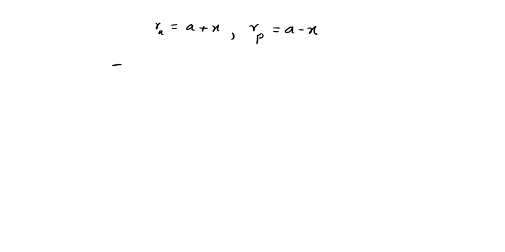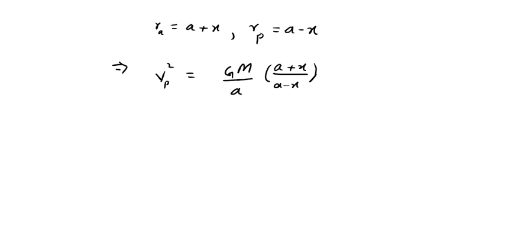So by placing that in that equation, Vp squared will be equal to, in the final version, we can say this will be GM divided by a into (a plus x) divided by (a minus x). This will be actually the Vp, or the speed at perigee.